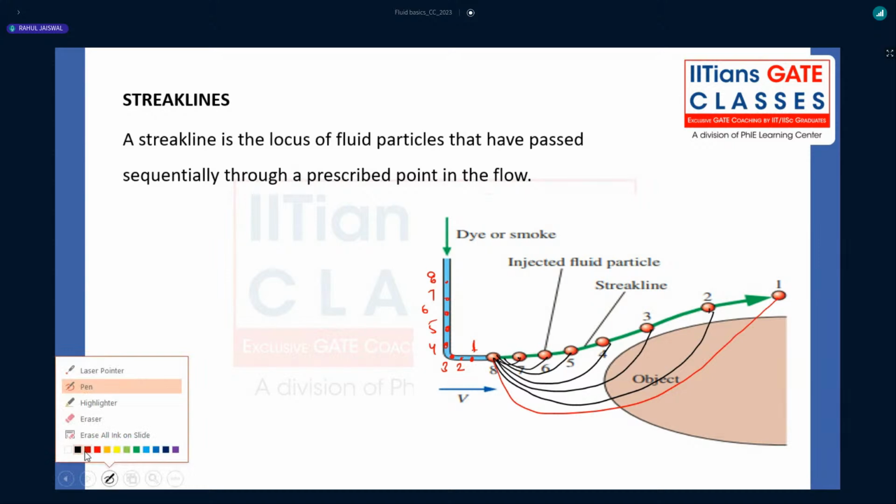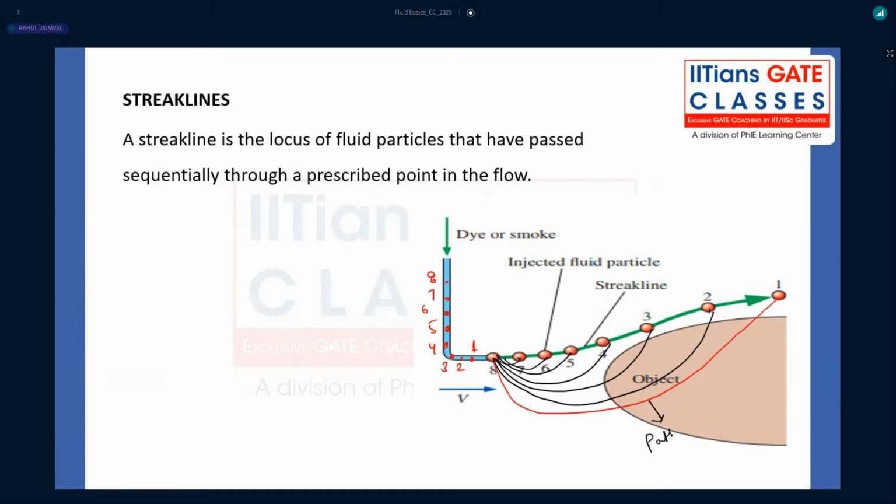So these are the path lines of individual particles. This is the path line for particle 1, this is the path line for particle 2. So individual path lines are there, but this green line we have drawn is the streak line at time t equal to capital T hours. Maybe they may be at this position.